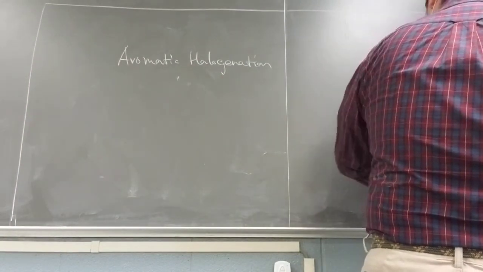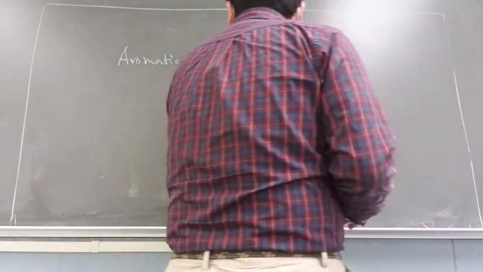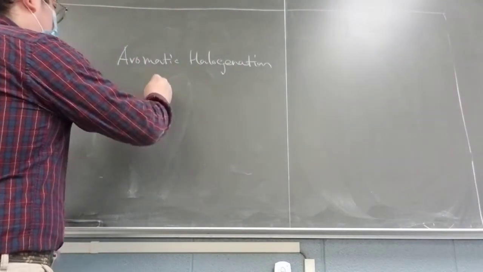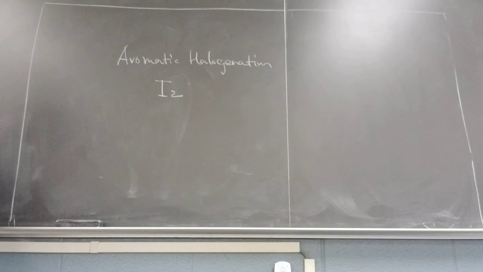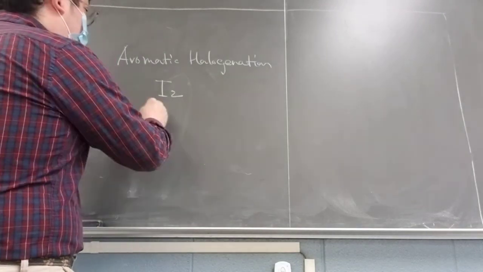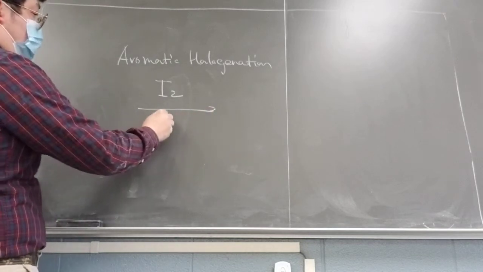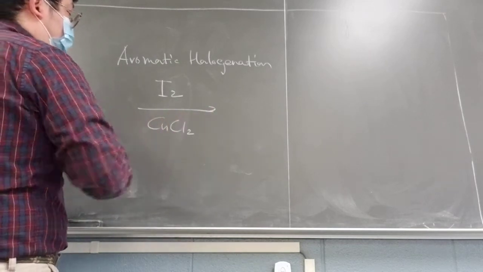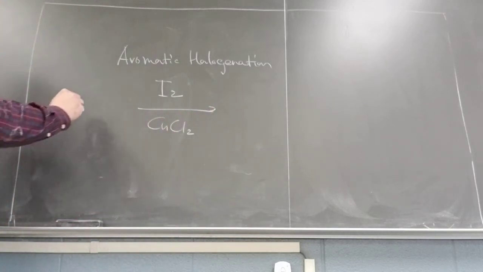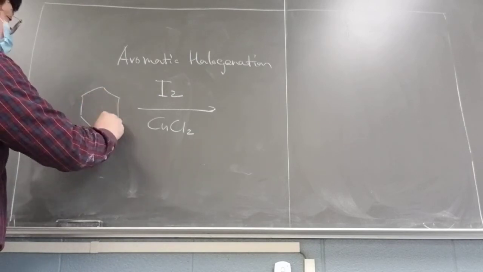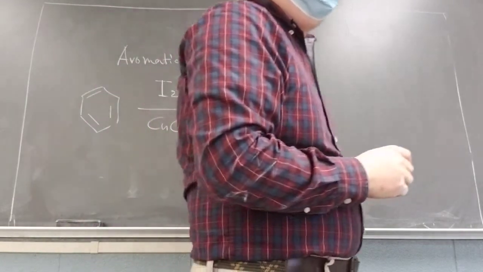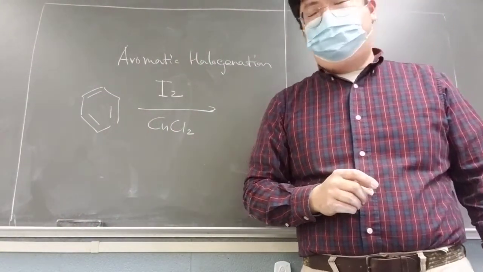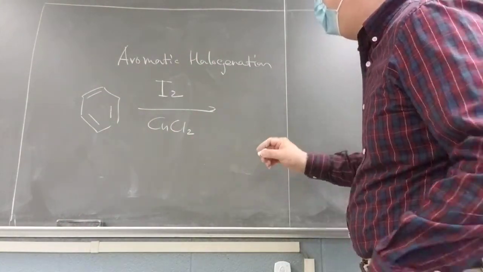So the last one is the iodine. Okay. So the iodination will be quite similar, but slightly different because you're going to do it with copper 2 chloride. So you can do copper 2 chloride over here. Here's the one thing you can do.